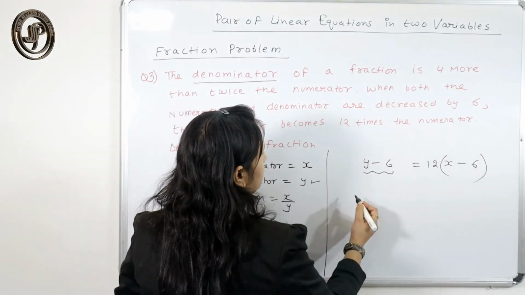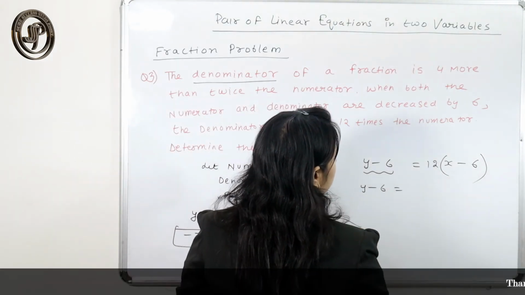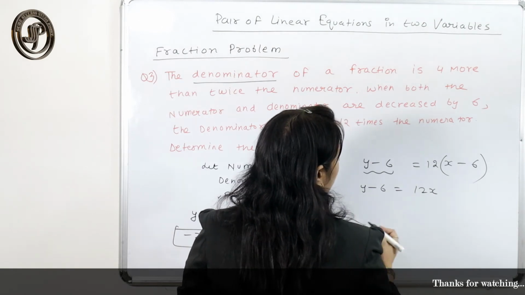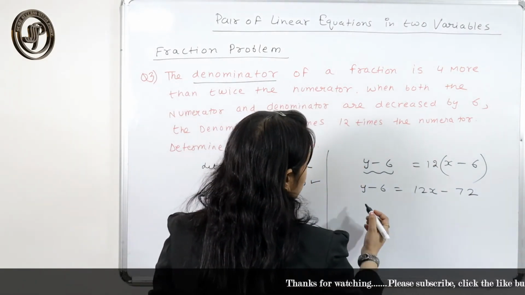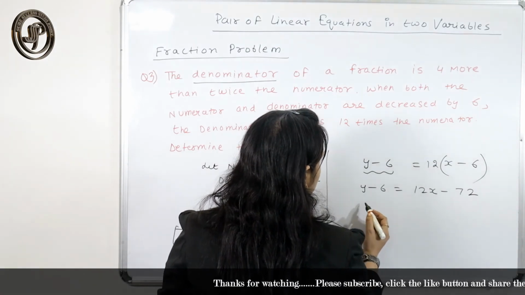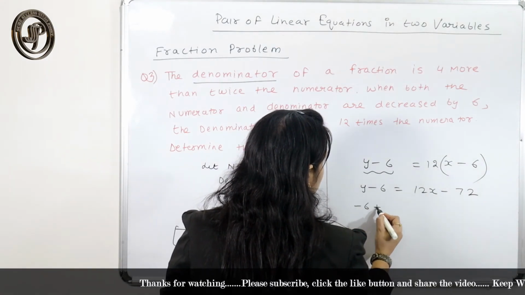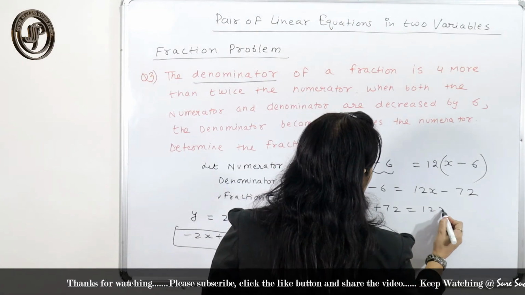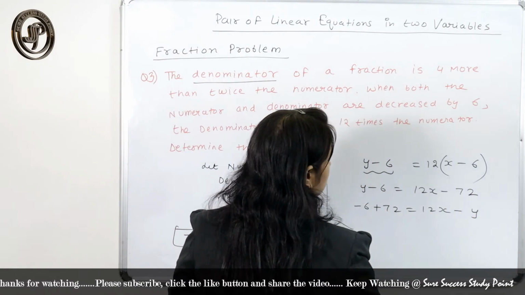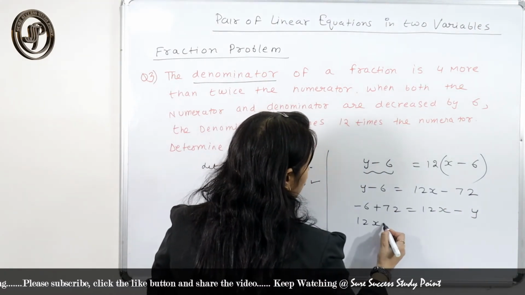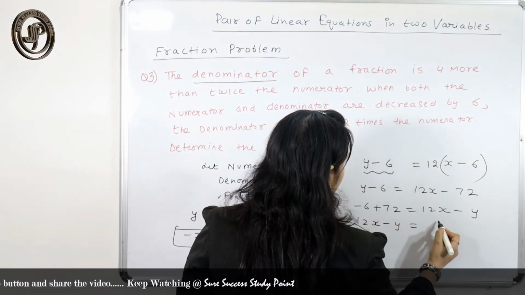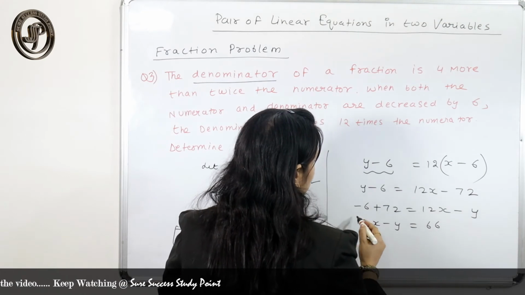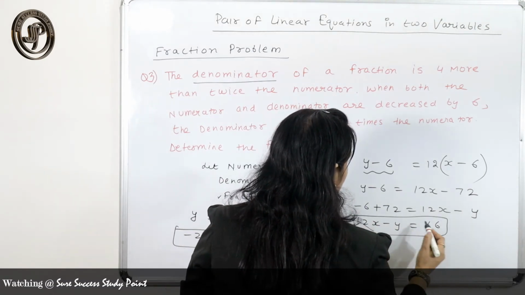Now you can form the equation: y minus 6 is equal to 12x minus 72. Now I am just rearranging, so it is 12x minus y will be 66. So that is the second equation.